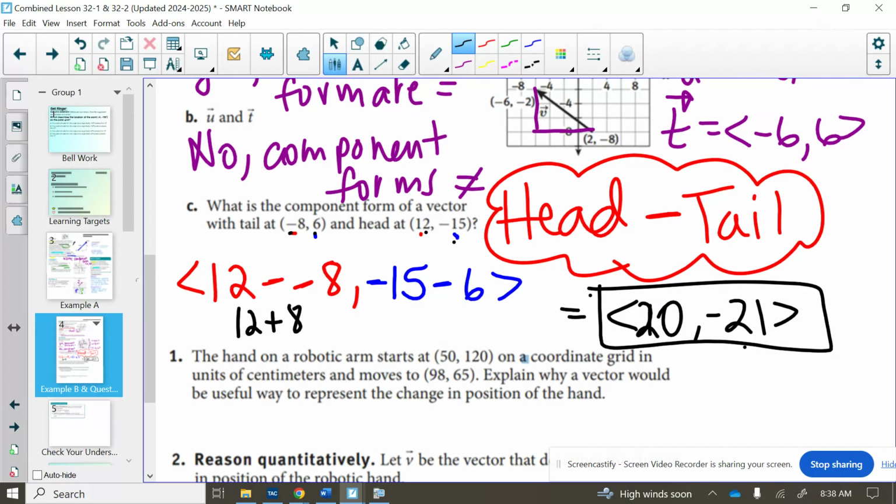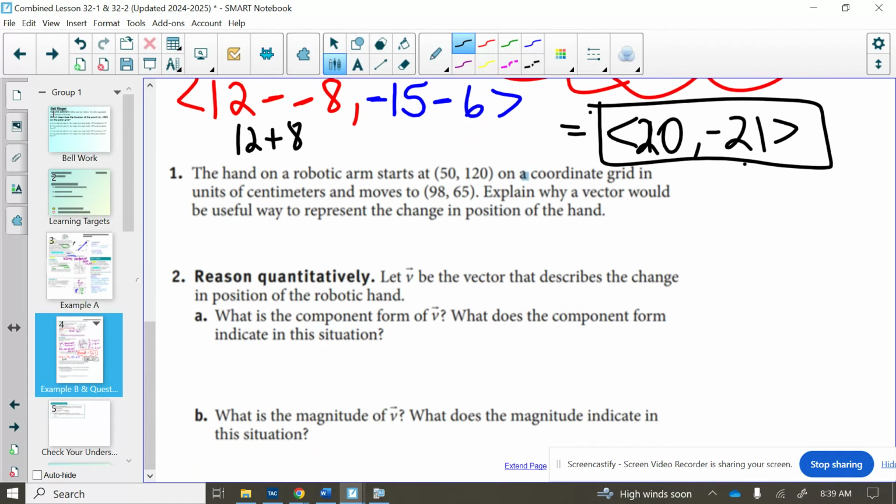Now, we also can talk about finding different magnitudes. So on this next question, we are given a starting point, aka the tail, and then we are given where it's moving to, aka the head.